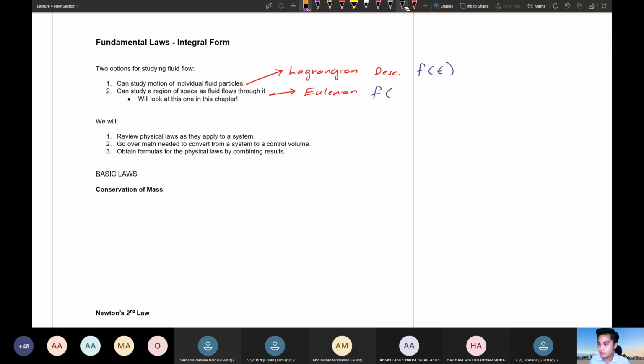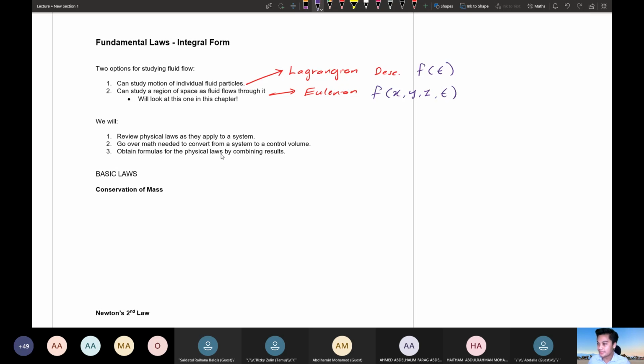We will review the physical laws as they apply to the system, then go over the maths needed to convert from the system to the control volume, and obtain formulas for the physical laws by combining the results.